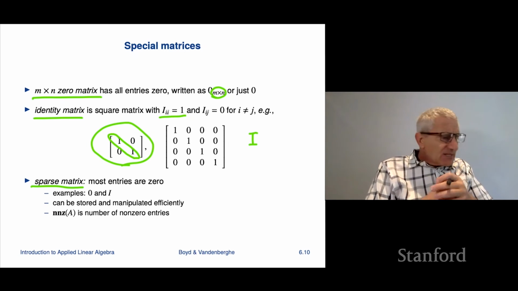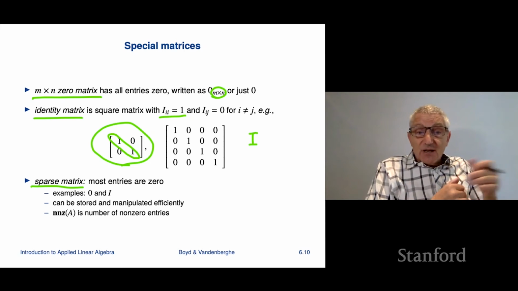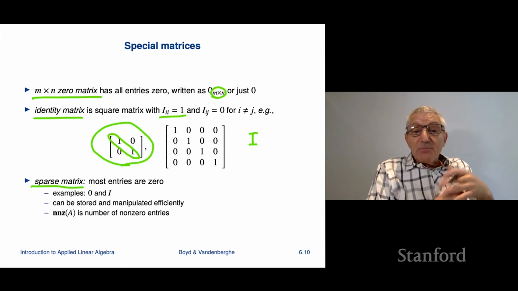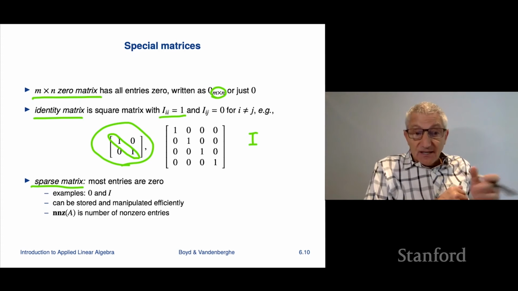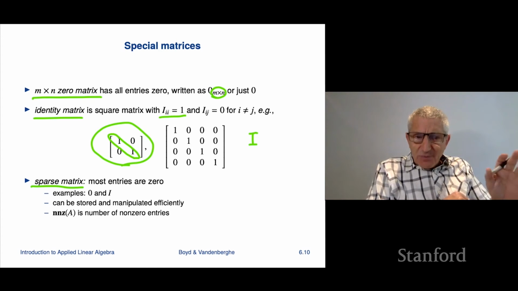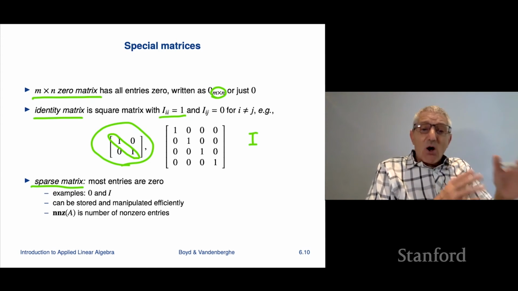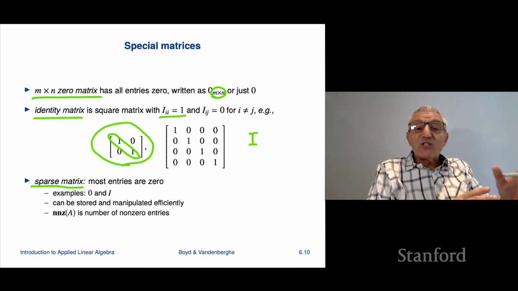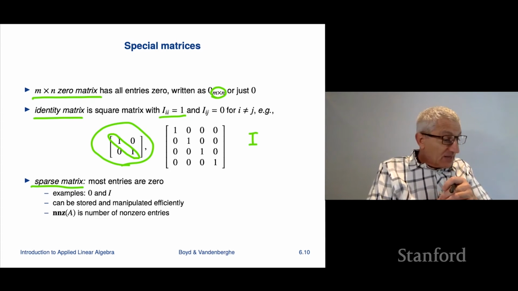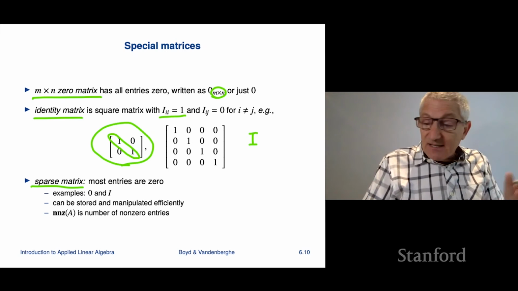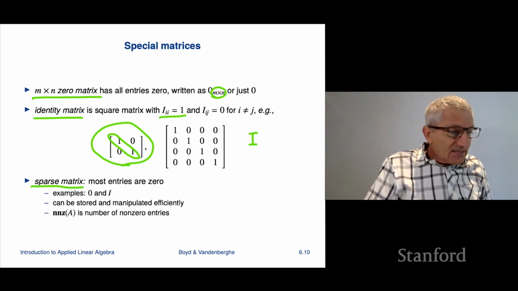If you have a sparse matrix, it can be stored more efficiently, and it can be manipulated more efficiently. Now, we haven't actually seen anything you can do with matrices yet, but we're going to. And all of those operations can be done more efficiently when the matrix is sparse. Okay, so these are just some quick ideas of matrices.